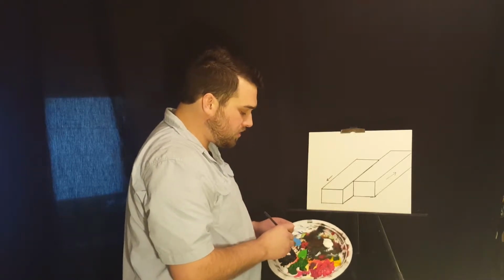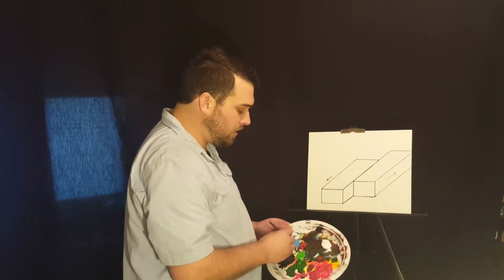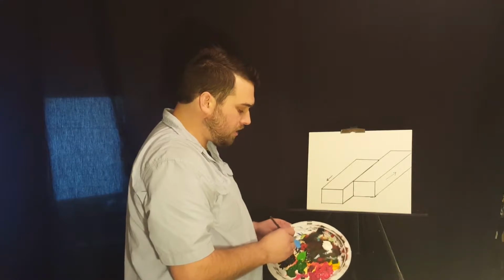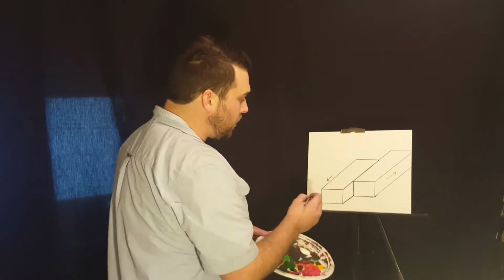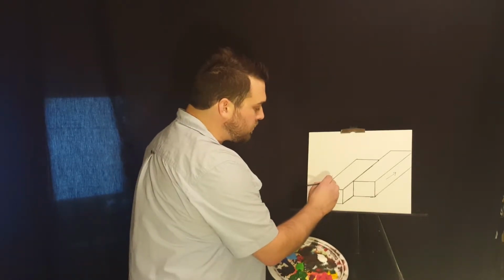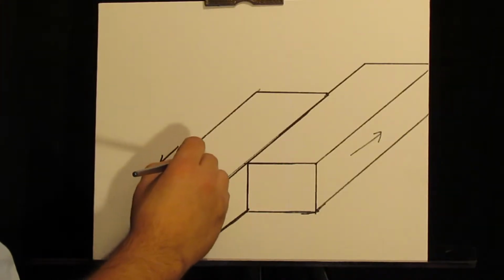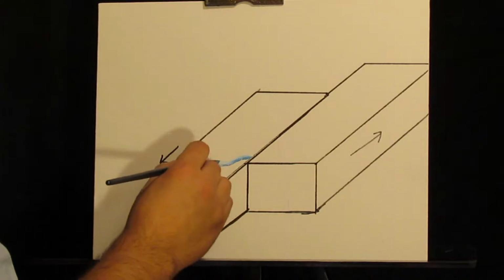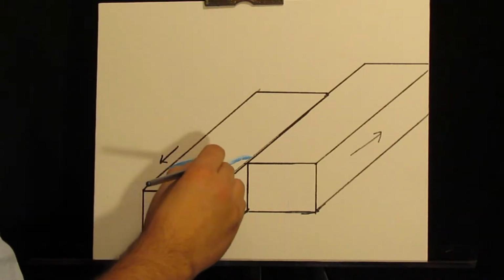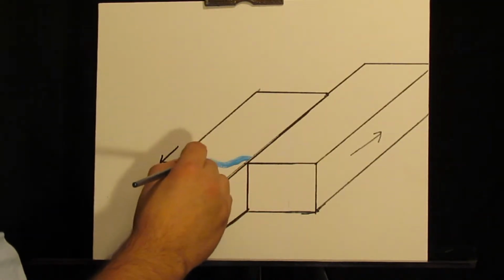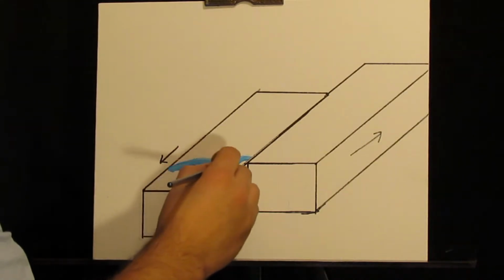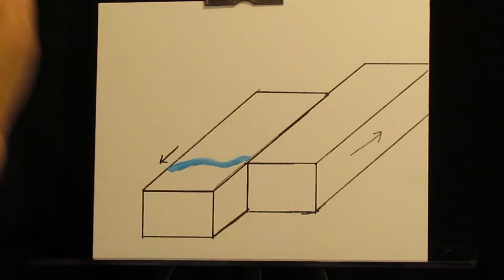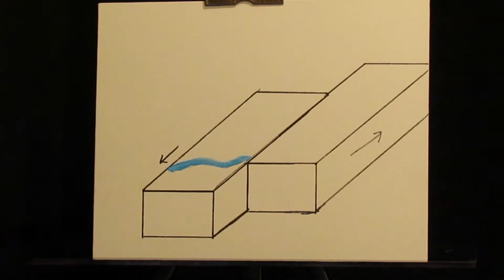Some of the easiest surface features to look at and find displaced are man-made ones, but we're going to talk first about natural ones. So imagine that there's a river flowing, kind of meandering around, and it comes to the fault line. It comes to this place where the block has been faulted. What happens is a really weird thing.